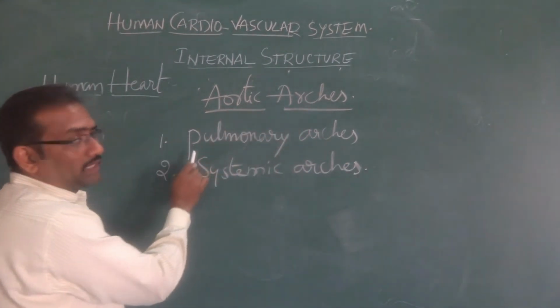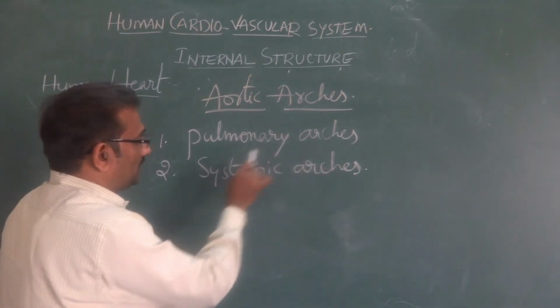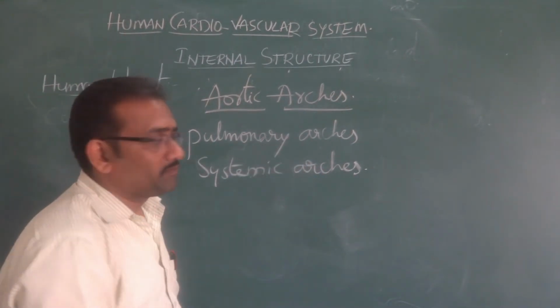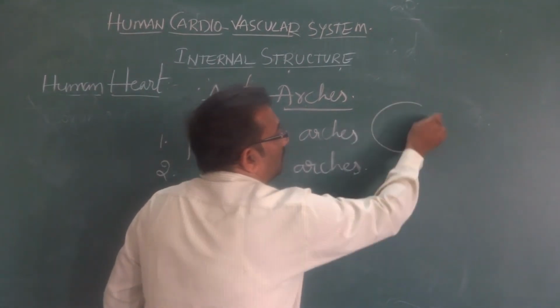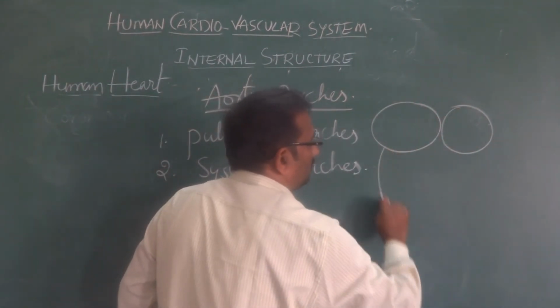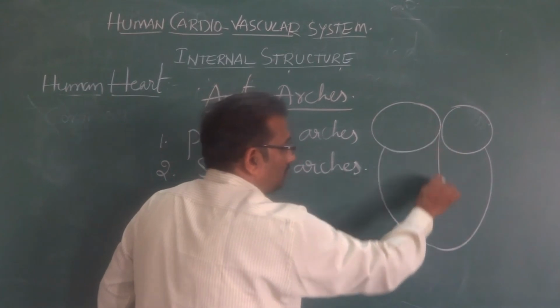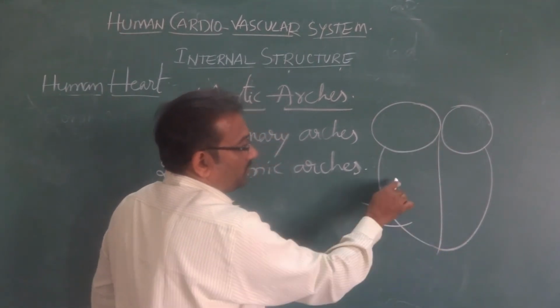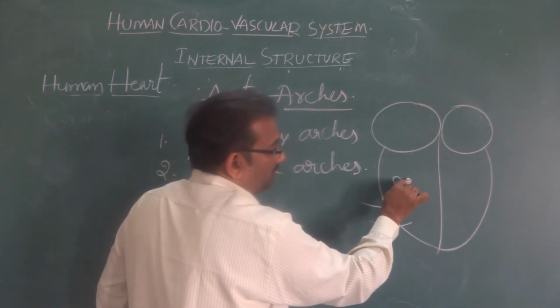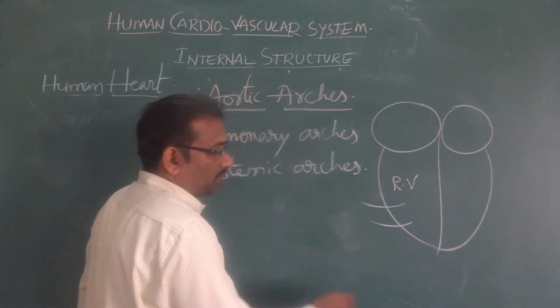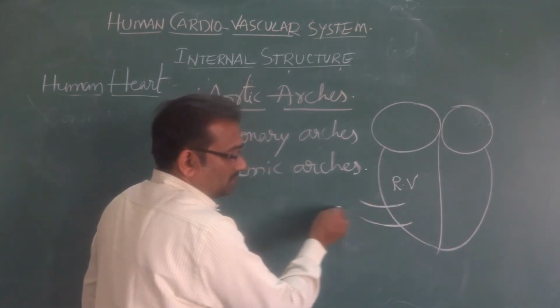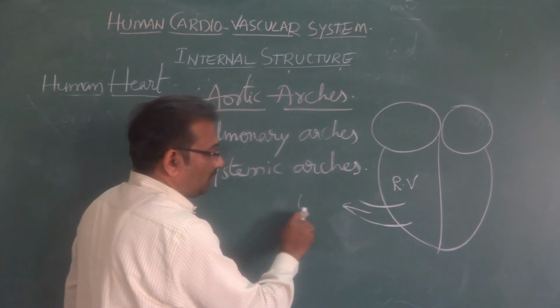From the right ventricle, a branch arises to supply the blood to the lungs.